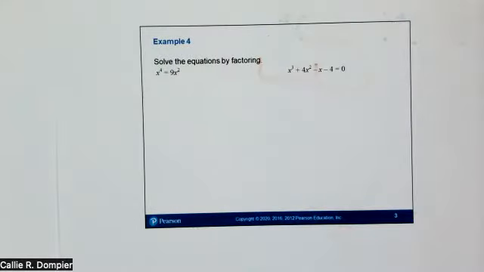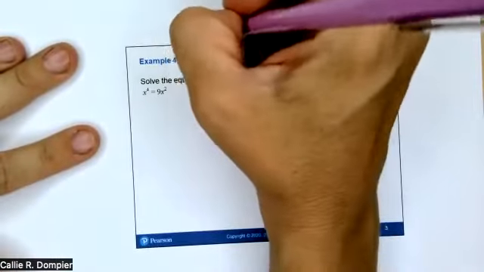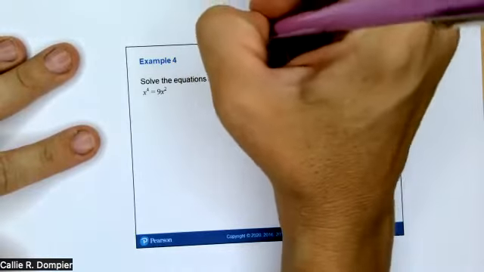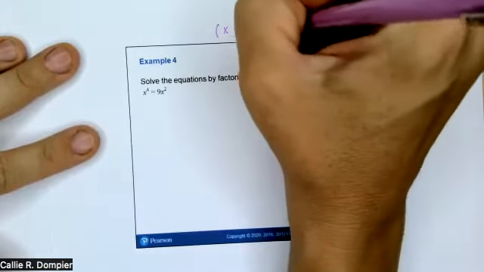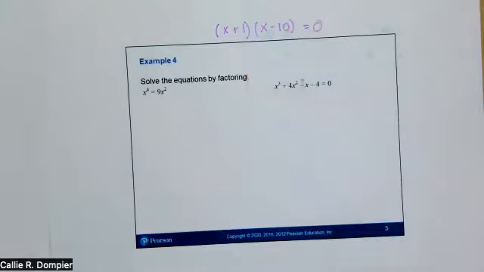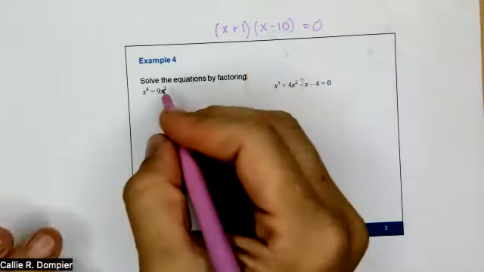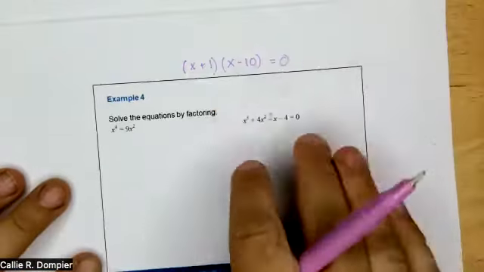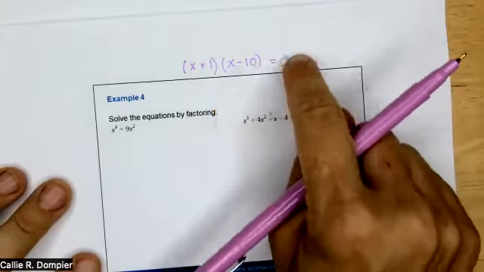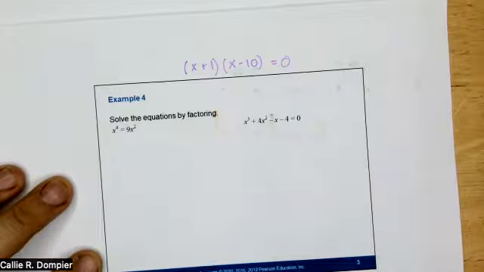All right, solve the equations by factoring. Remember, factoring is often something like this, right? It's not always, though. Here we have x to the fourth equals 9x squared. But if you are going to factor, you need to set it equal to 0, which is standard form.